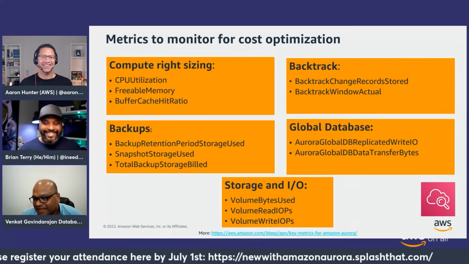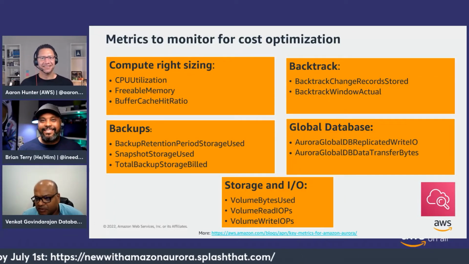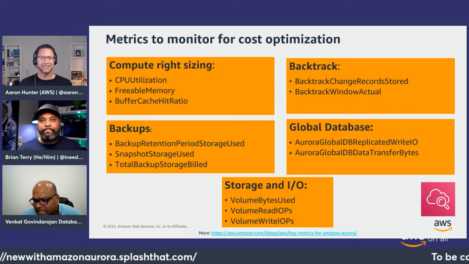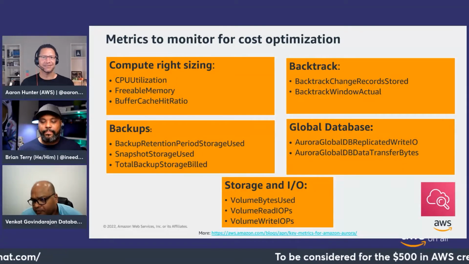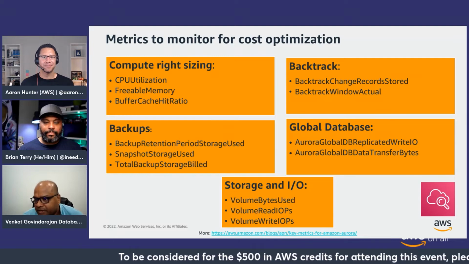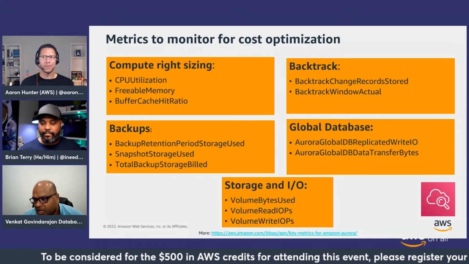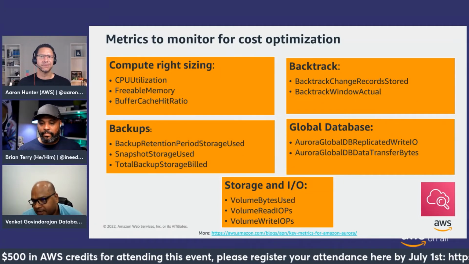The other things you're talking about, Backtrack and backups, have some self-explanatory metrics out there. We also have storage and IOs: what are the bytes used, what is the read IOPS, what is the write IOPS. So you get an idea of how you are doing in terms of reads and writes.